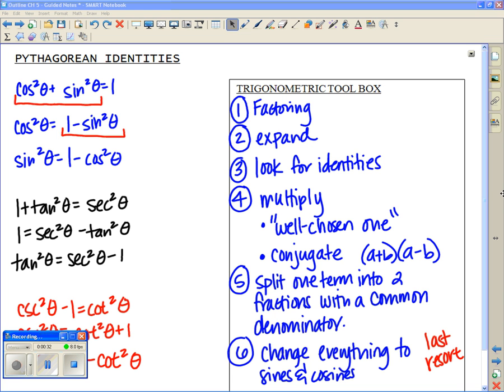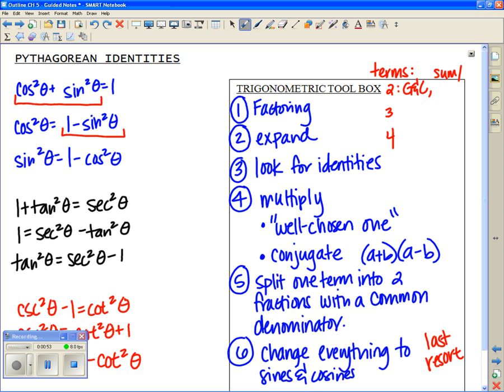Okay, when it comes to factoring, we need to look at the number of terms. There are instances where there are 2, 3, and 4. When it's 2, it can either be guess and check, it can be sum or difference of cubes, or it could be difference of squares.